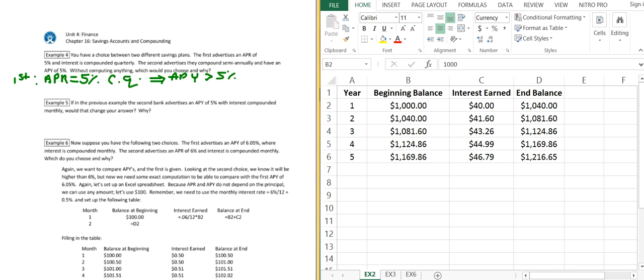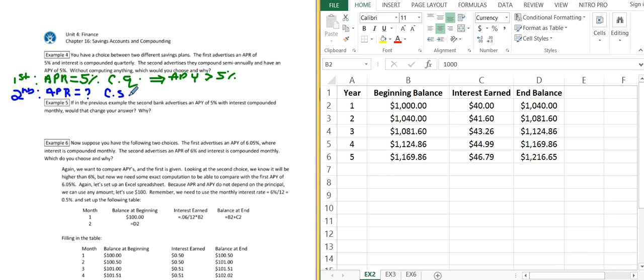Now, in the second account, they didn't tell me what the APR was, so that I don't really know. They did tell me that it was compounded semi-annually.